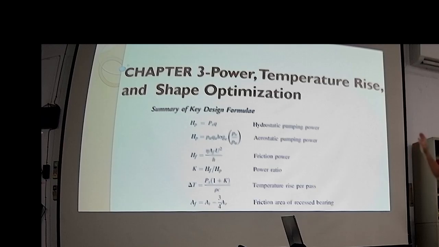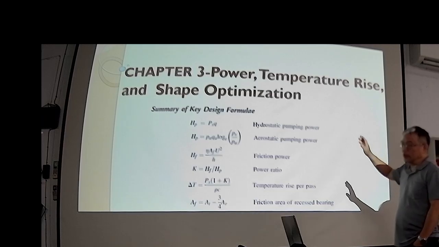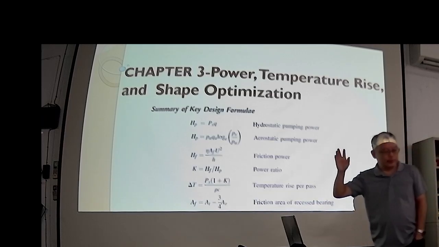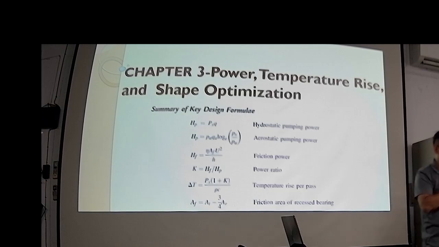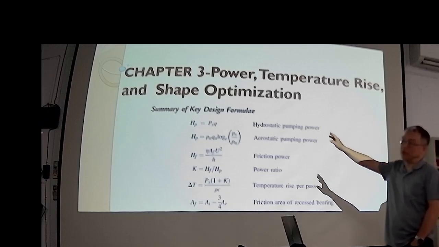So the calculation of the temperature rise is very important in the oil hydrostatic bearing. So in order to estimate the temperature rise, we need to calculate the friction power.